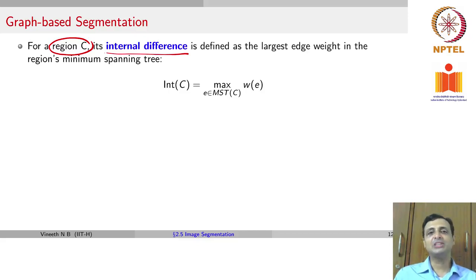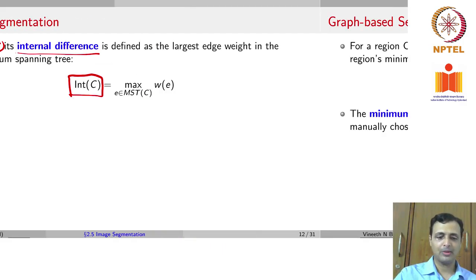Now you take the largest edge weight in the minimum spanning tree. We're going to define that as internal difference. To some extent, that's going to be the largest edge weight in that region. It's just a simplified way of saying that. That's one quantity we're going to define.